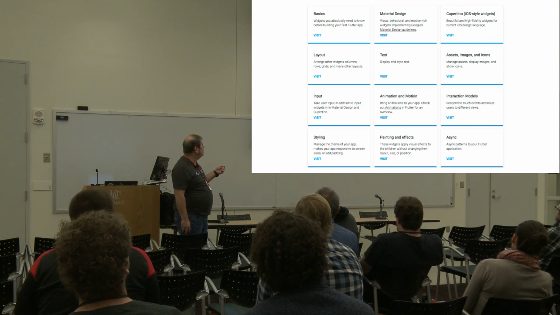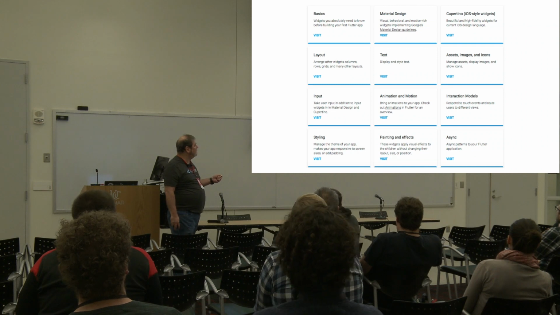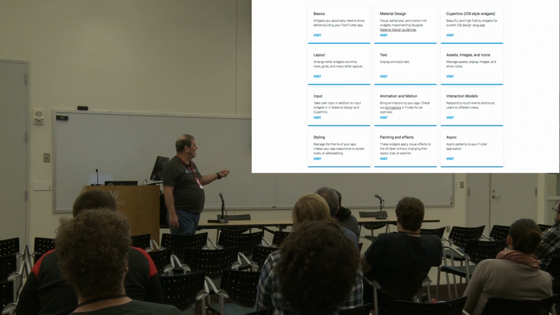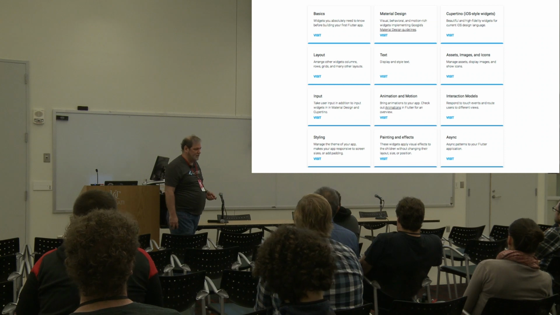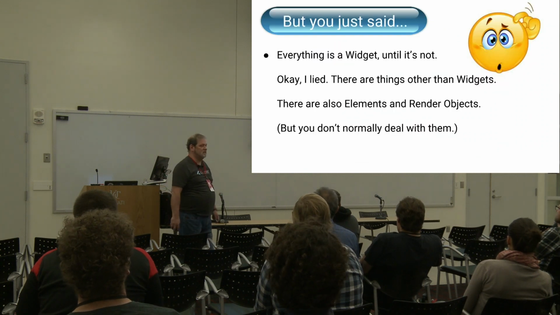Layout, how to arrange things. Text, all kinds of ways to style text like crazy. Assets, images, icons. Input, gesture detectors. Animation and motion, interactions, style, style, style, painting effects, async operations are a widget. Everything's a widget until it's not.